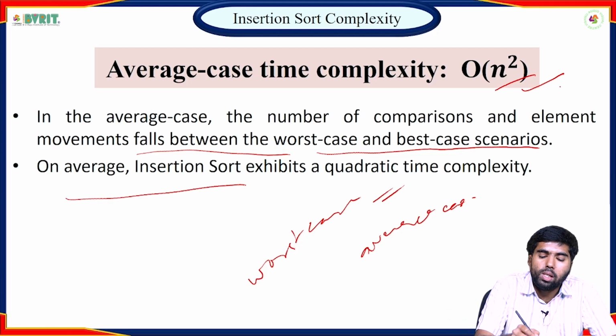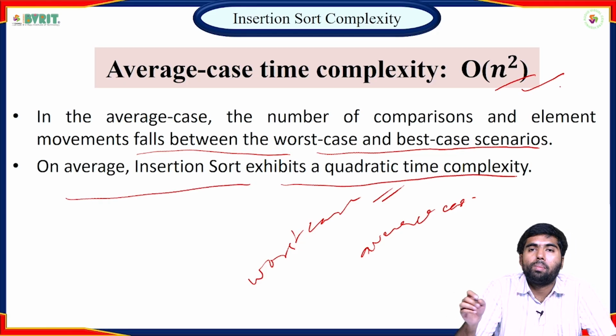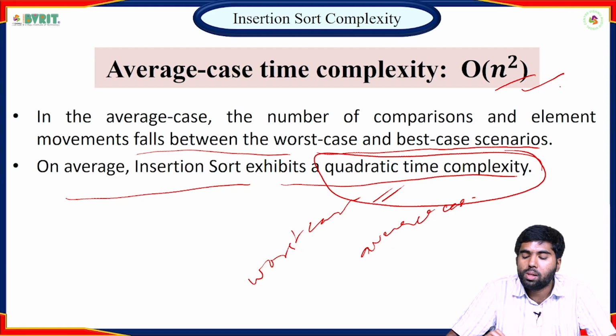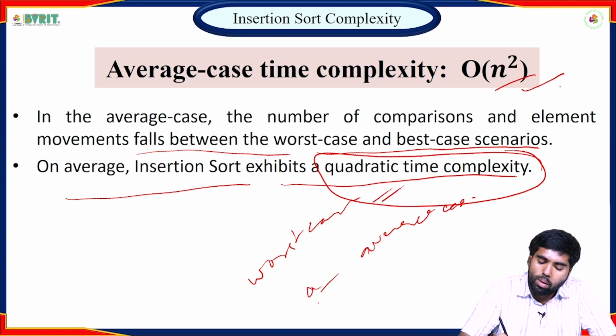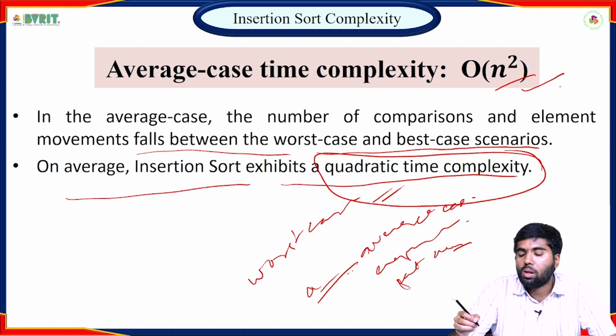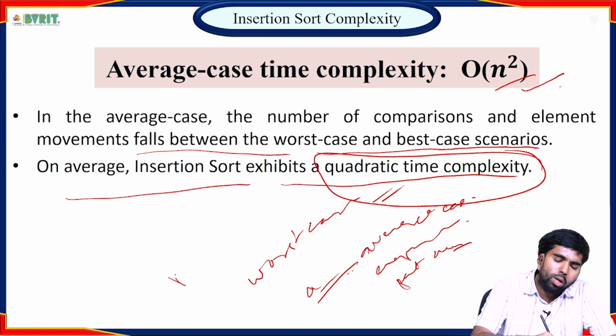On average, insertion sort exhibits a quadratic time complexity. This is a very important part again: quadratic time complexity. What does this mean? It means you are going into some expression kind of part, so we can call this a polynomial or an equation kind of thing.